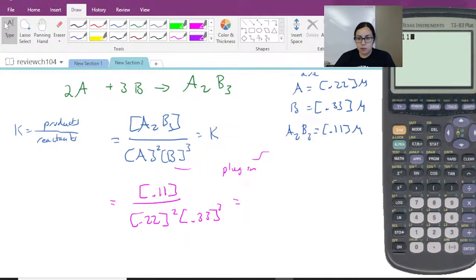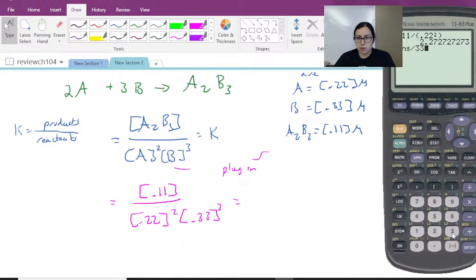And so now y'all can double check my math. So divided by 0.22 squared. Oops. Divided by 0.33 cubed. Do we get K of 63 once we plug in these numbers?